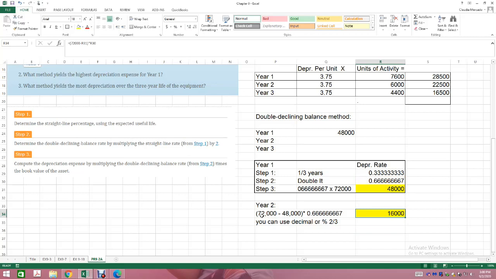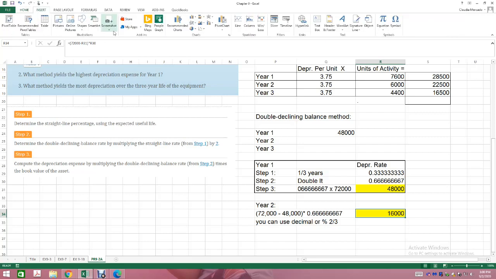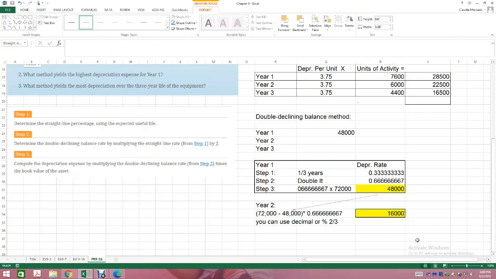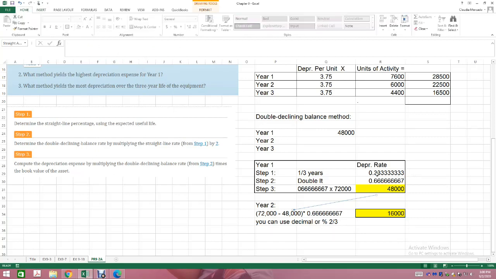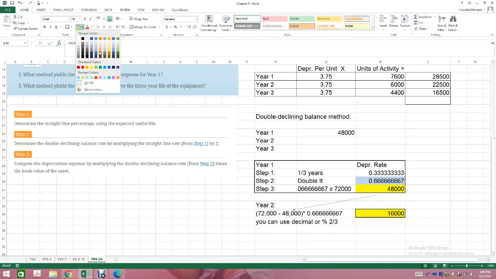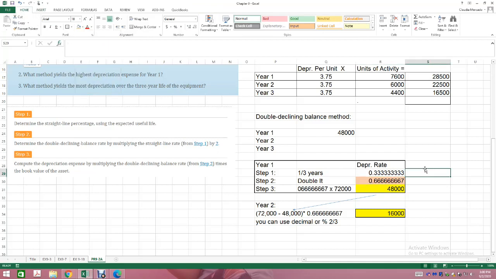It's the 72,000 from the original cost minus 48,000, the depreciation for year number 1. We want to deduct the depreciation that had already taken place, and then you're always going to multiply by that double rate that we calculated. So now for year number 2, it's going to be 16,000.